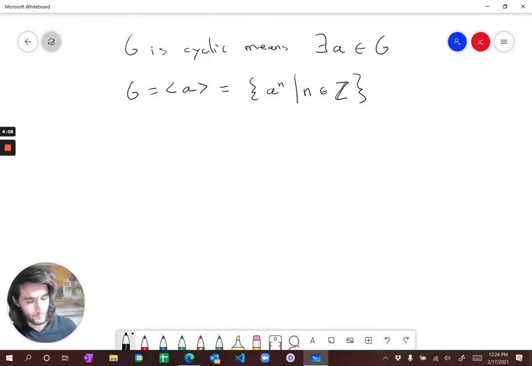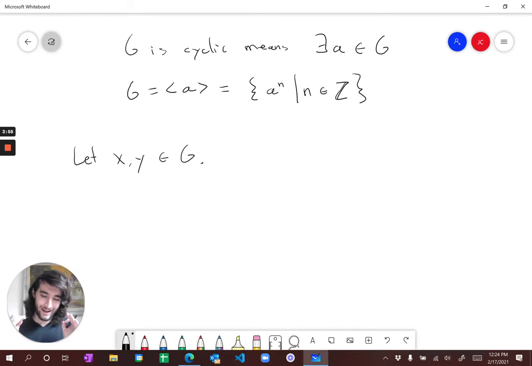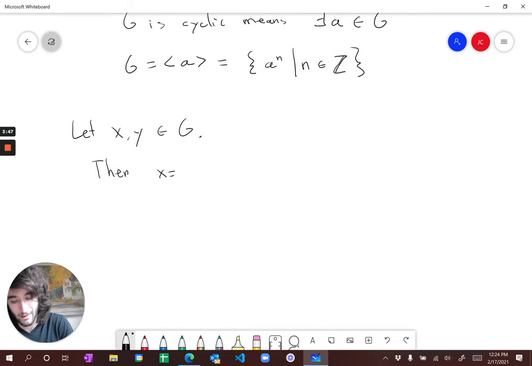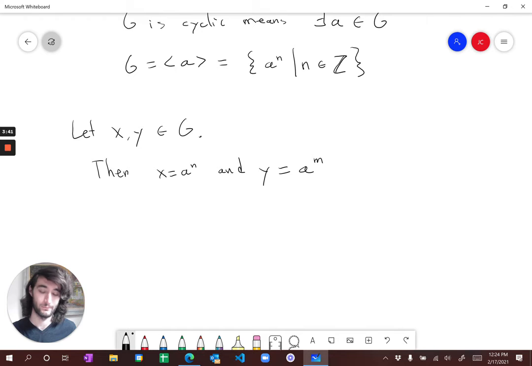Well, we'll start by saying let X and Y be any two elements of this cyclic group. Well, since any element of this cyclic group is some power of A, we can say then that X is some power of A, and Y is also some power of A, but a different power, probably.